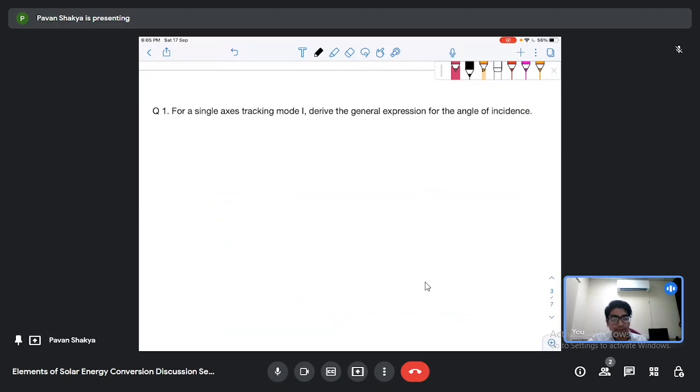The first problem is: for a single axis tracking mode, mode 1, derive the general expression for the angle of incidence. Before starting this problem, I would like to give some information related to the mode 1 tracking system.